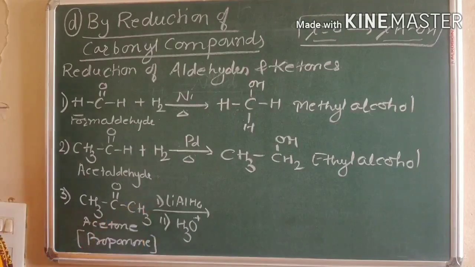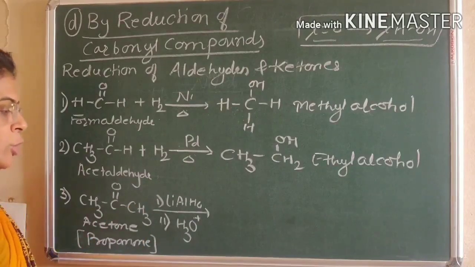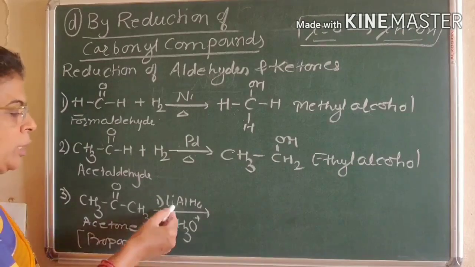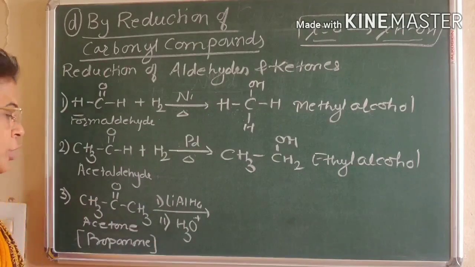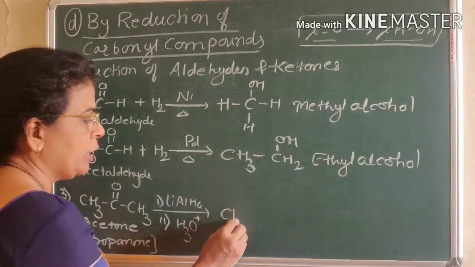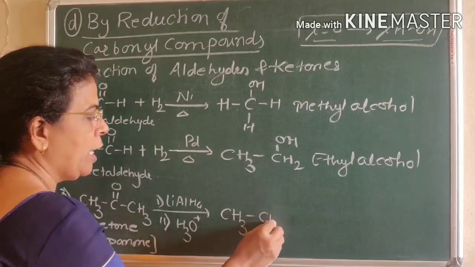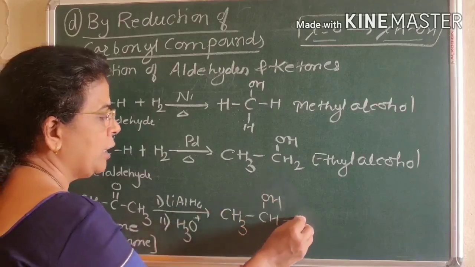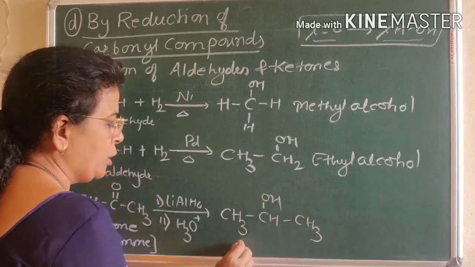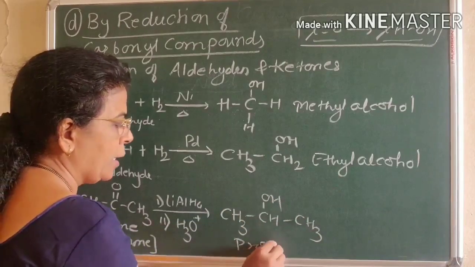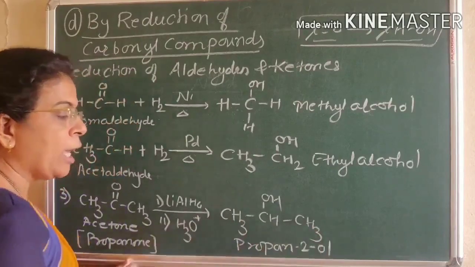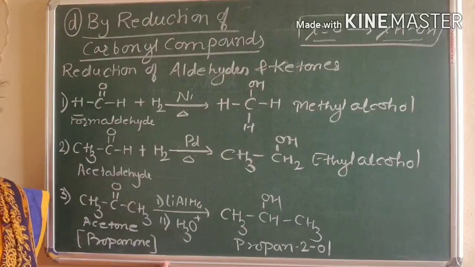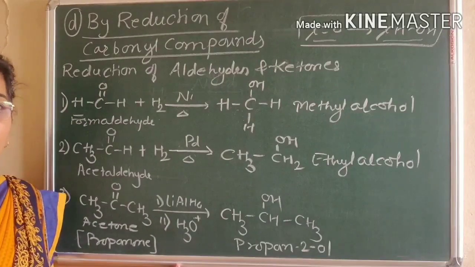When this compound undergoes hydrogenation or reduction by using lithium aluminum hydride followed by acid hydrolysis, it gives CH3 CHOH CH3. This compound is propan-2-ol, or it is isopropyl alcohol or secondary propyl alcohol.